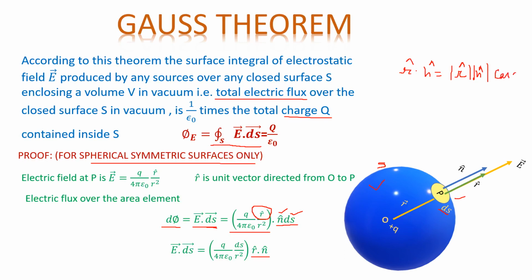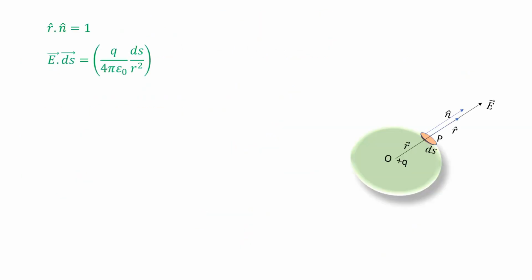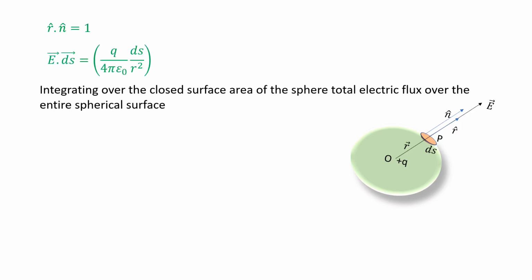Magnitude of unit vector r cap is 1. Magnitude of n cap is also 1. Both are unit vectors. Cos 0 is 1. So r cap dot n cap equals 1. Now E dot ds is equal to q upon 4 pi epsilon naught r square ds, since r cap dot n cap becomes equal to 1.